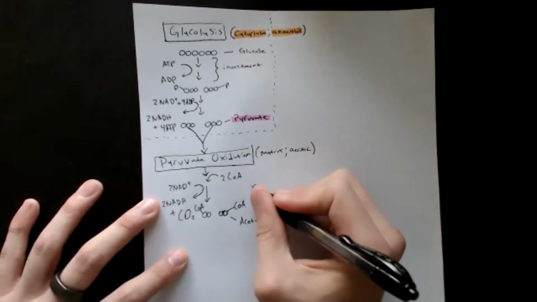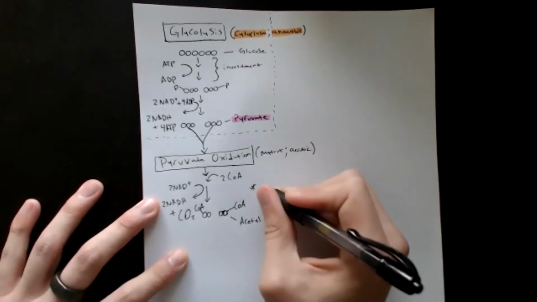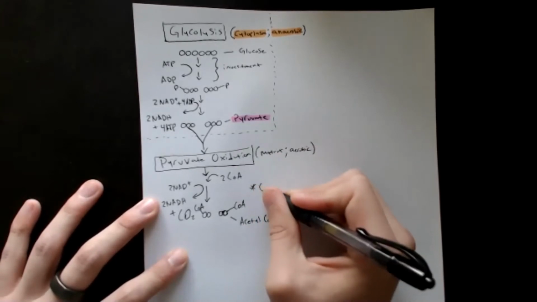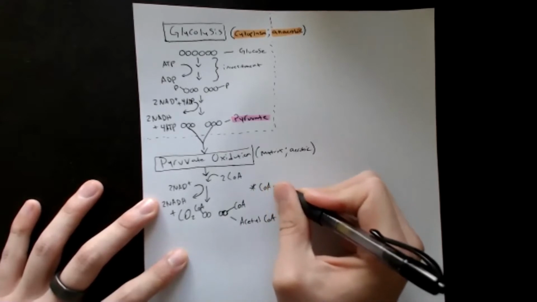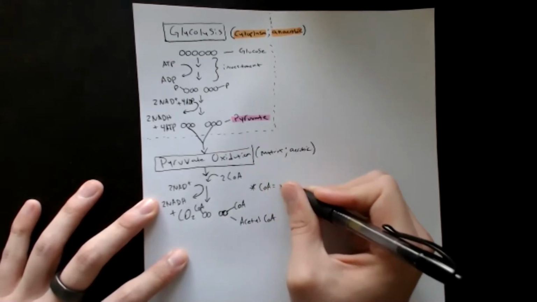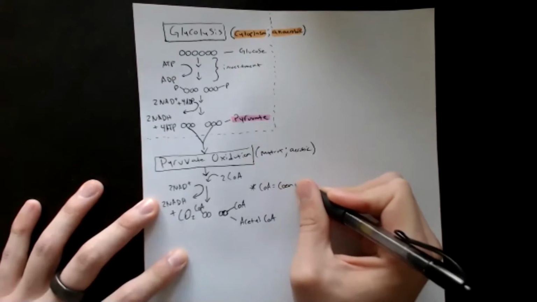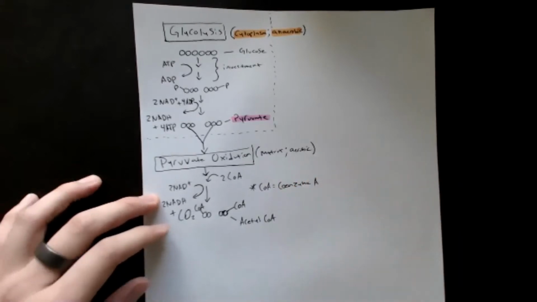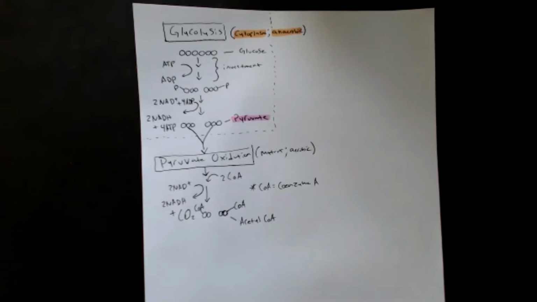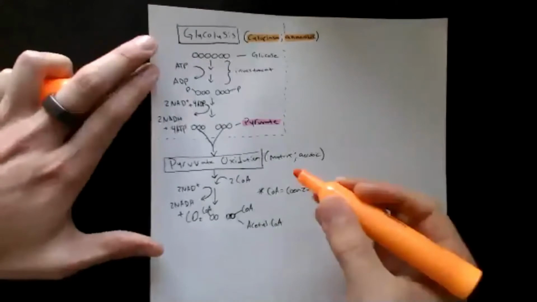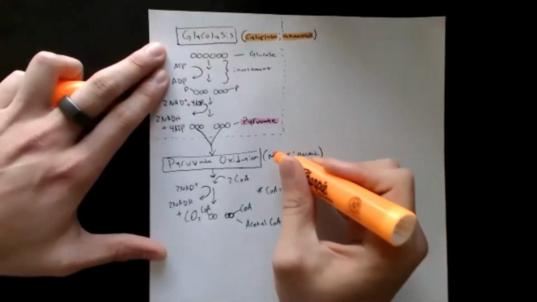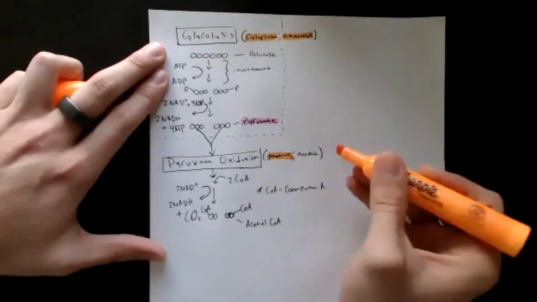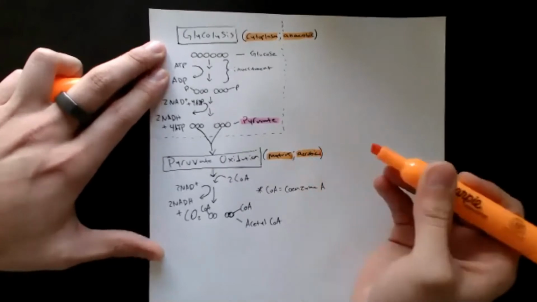And I'll even put a little asterisk: CoA equals coenzyme A. So it happens in the matrix, and it's aerobic.